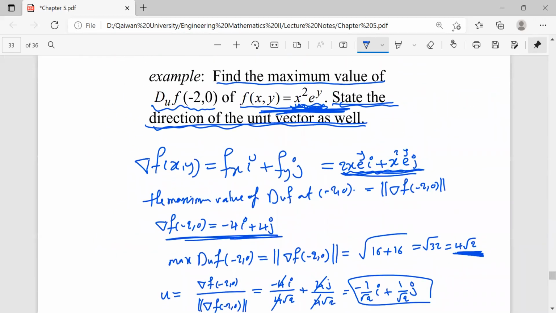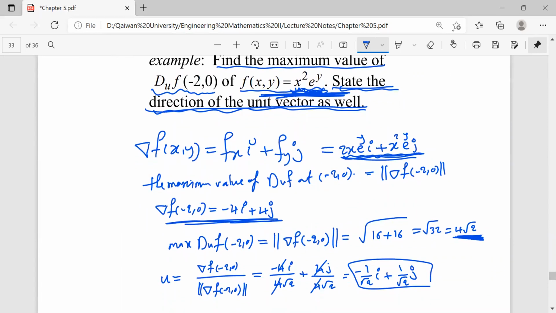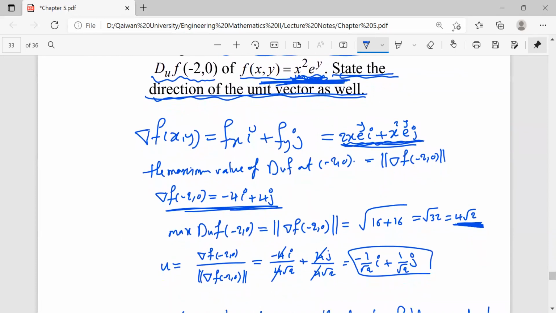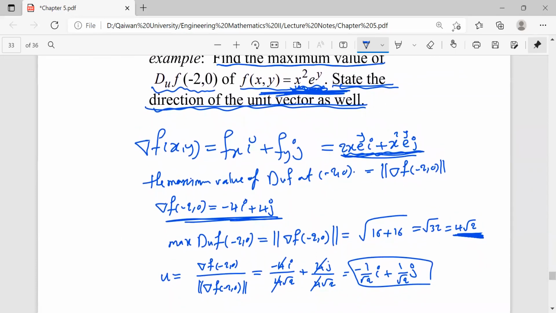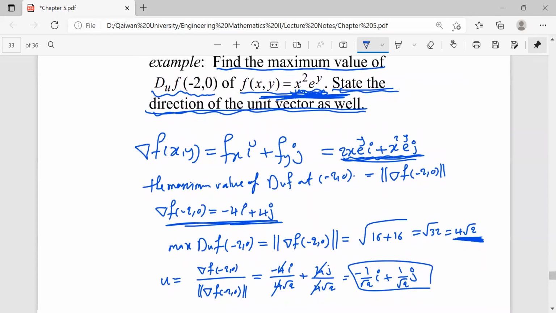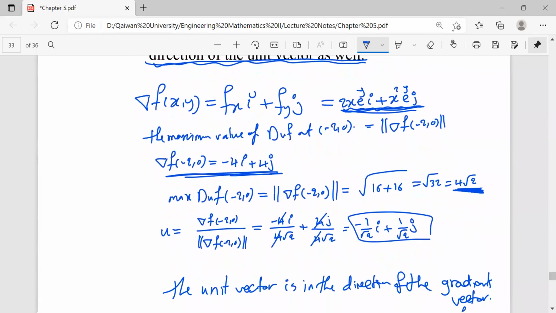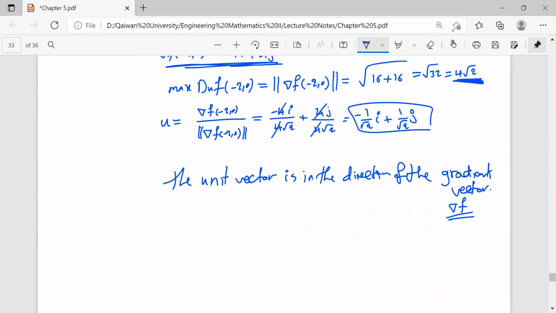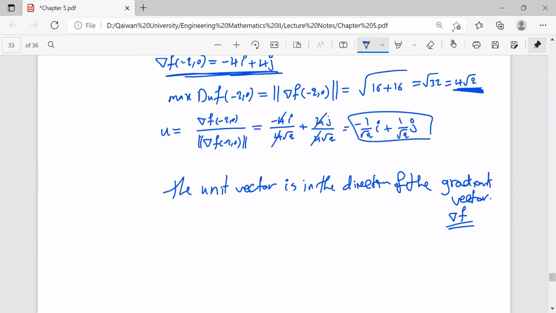It's only asking about finding the maximum value of the directional derivative at the point -2 and 0, where f of x, y is x squared e to the power y. And then it says state the direction of the unit vector as well. So the direction of the unit vector is in the direction of the gradient vector.